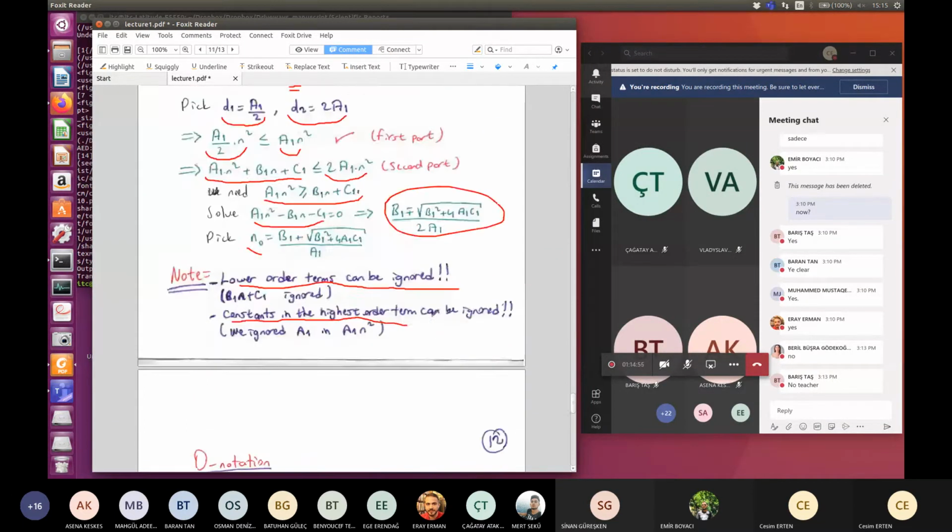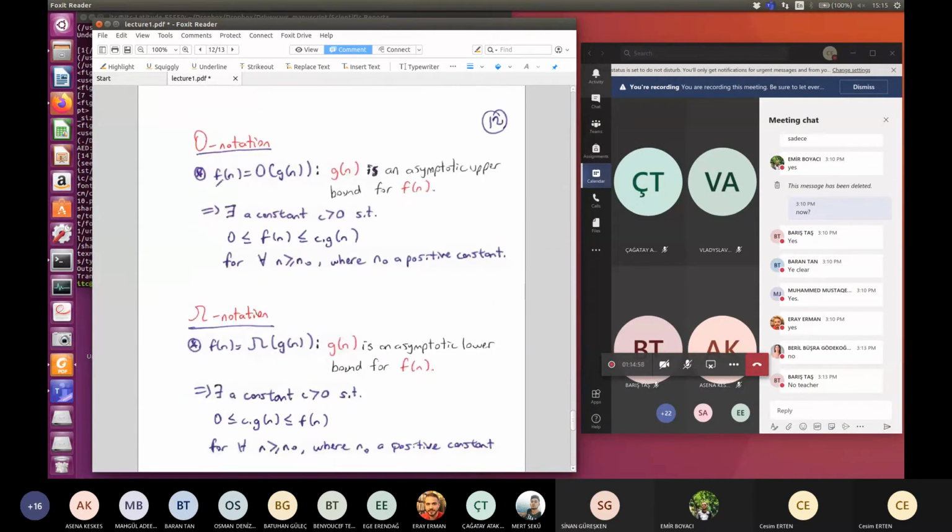More formally, if we say that f of n is big O of g of n, or in other words, g of n is an asymptotic upper bound, so f of n is upper bounded by g of n. What we mean exactly is that there exists a constant c such that f of n is less than or equal to c times g of n starting from some point n0.